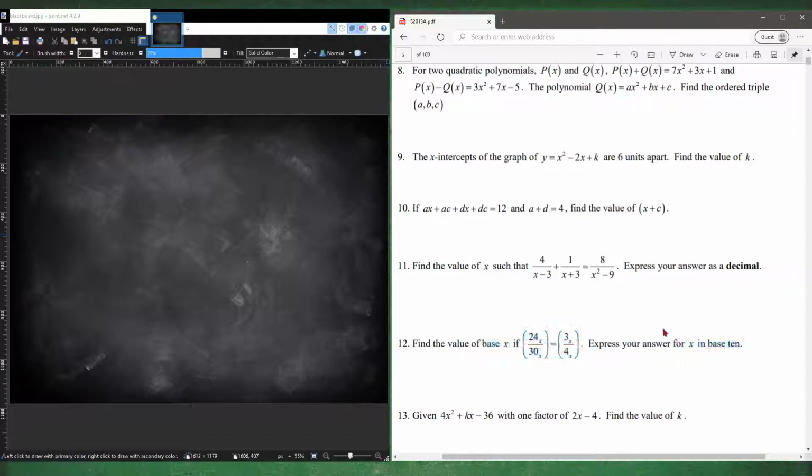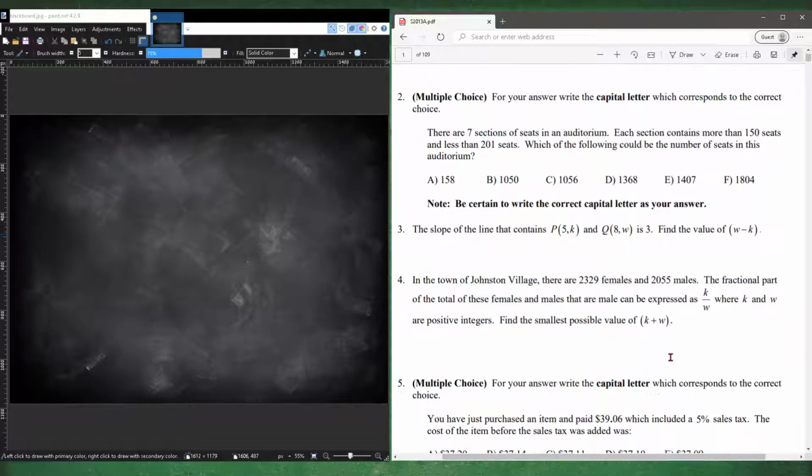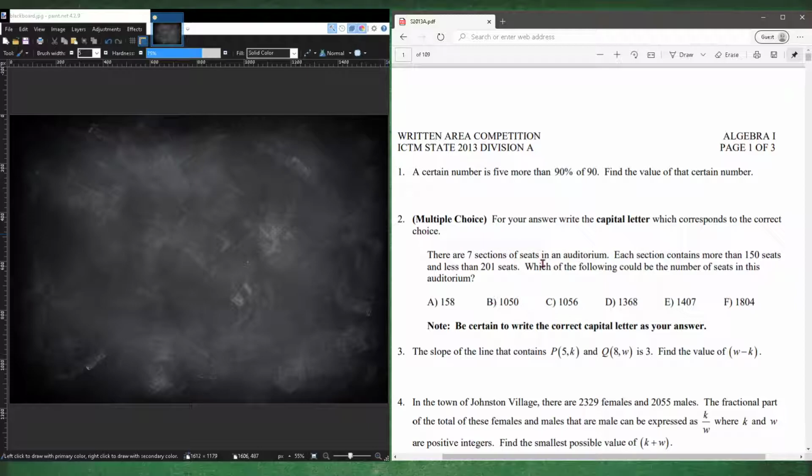And then there's the usual base change, and the basic questions would have a specific operator, like some averages, more probability, and basic arithmetic.